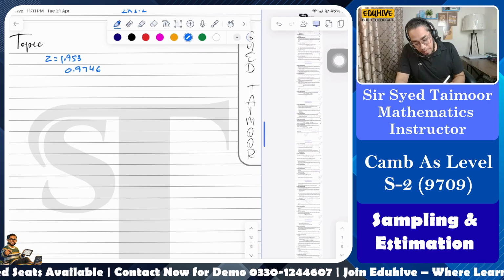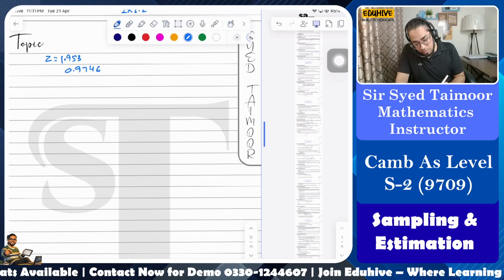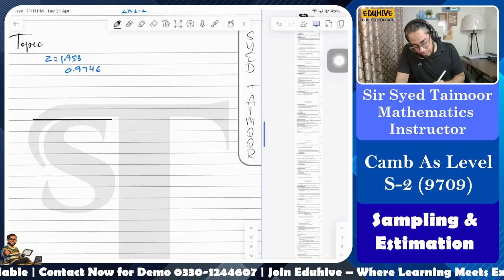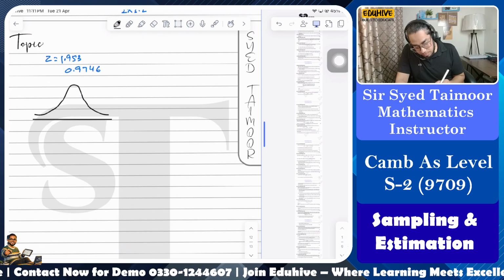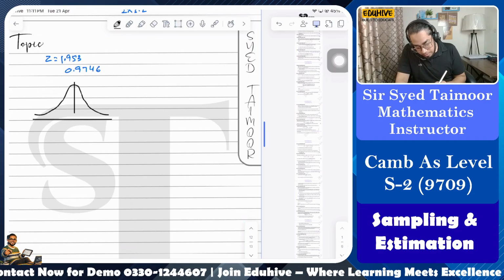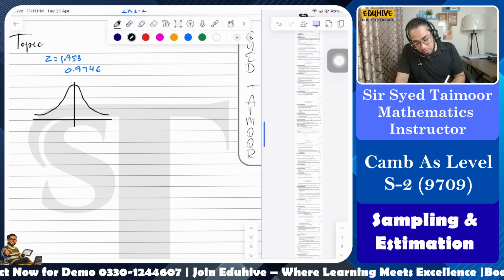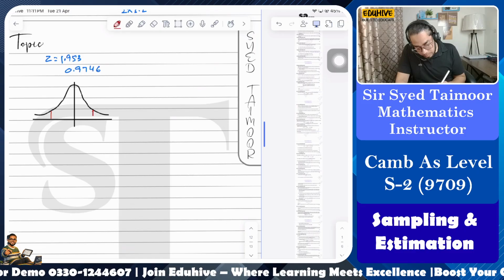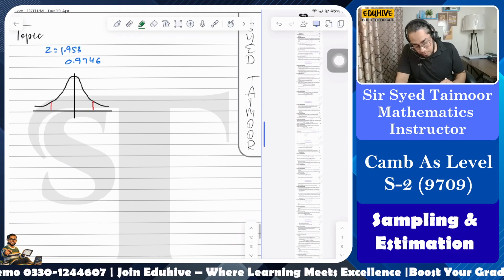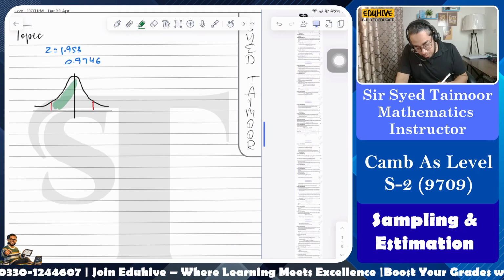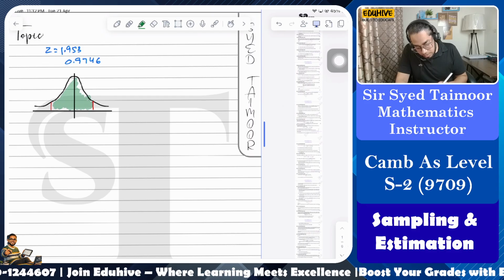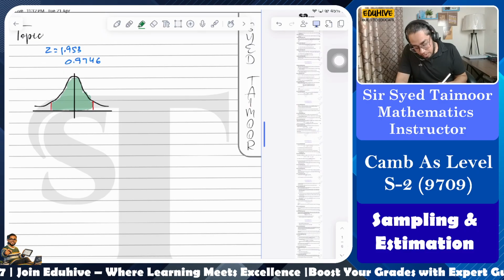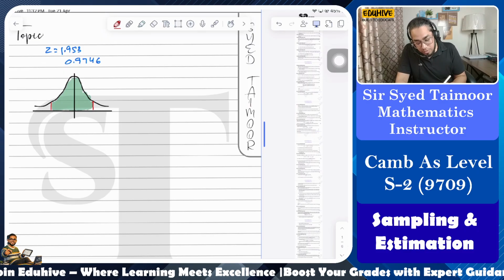0.9746. Okay. So according to the condition, when I see the chart, the normal distribution looks like this. This portion is exactly having a probability of 0.9746.